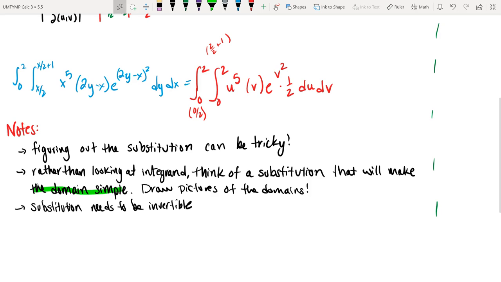I'm just talking about easy computationally. Okay, draw pictures. The picture can really tell you a lot. And also keep in mind that you need to be able to undo the substitution should you need to, so just make sure that it is invertible. Alright, so that's another example, and then some tips on how we're going to continue to use this change of variables.